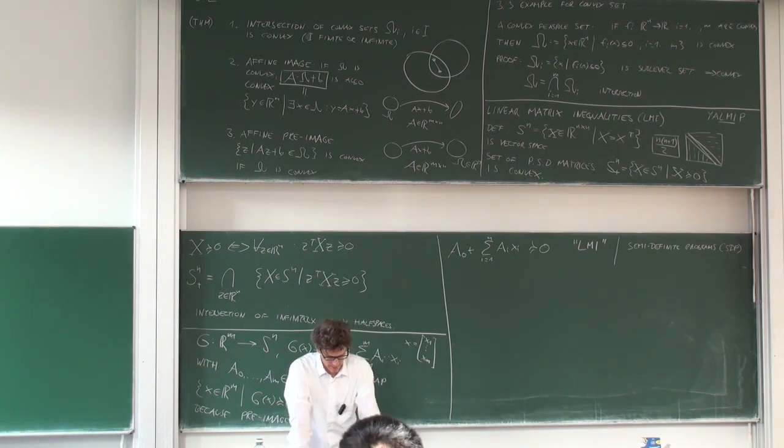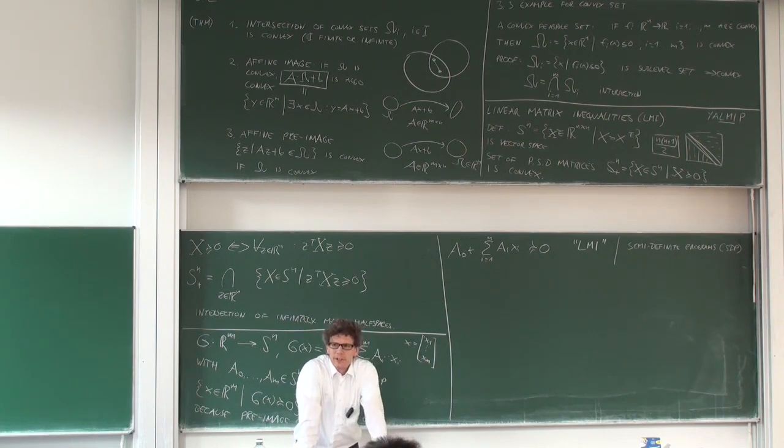But before we come to this class, I want to go through some operations which preserve convexity of functions. So again, we looked at sets, we looked at ways to preserve convexity of sets, and now we come back to functions. So are there some operations that preserve convexity of functions?